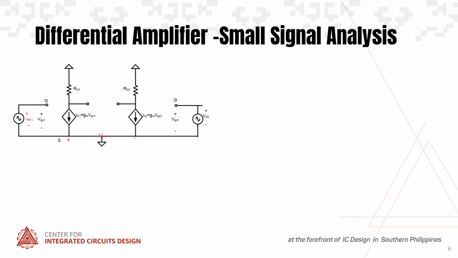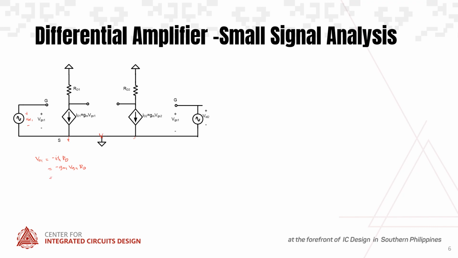And we can solve for VO1 and VO2. For VO1, we have negative ID1 RD. And this ID1 is equivalent to GM1 VGS1 RD.